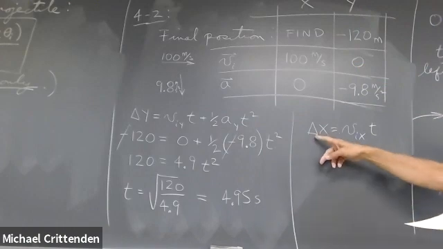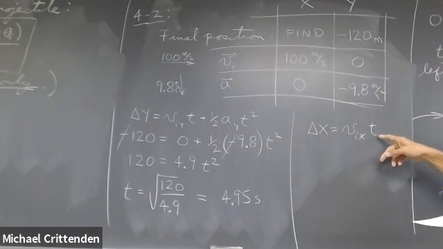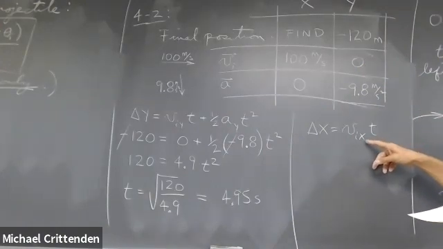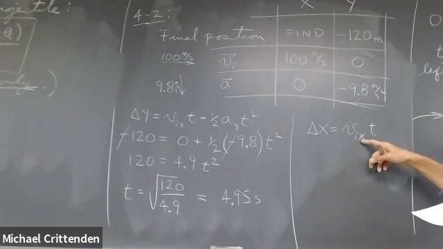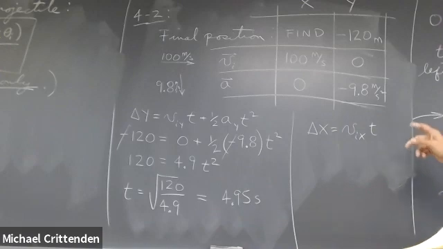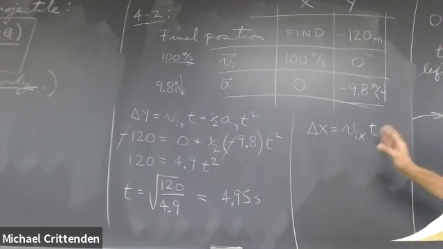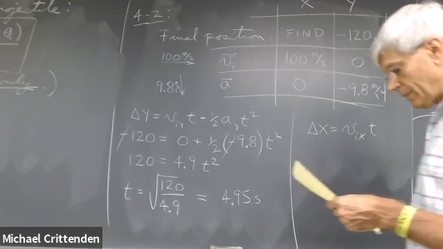Another way of looking at it is you go to the formula sheet, section 1, delta X equals V average times the time. Because the cannonball never speeds up or slows down horizontally, V average equals V initial equals V final equals V at any other point in between. So whichever way you want to get this anyhow, distance equals speed times time if you're keeping a constant velocity. And fill in the numbers.